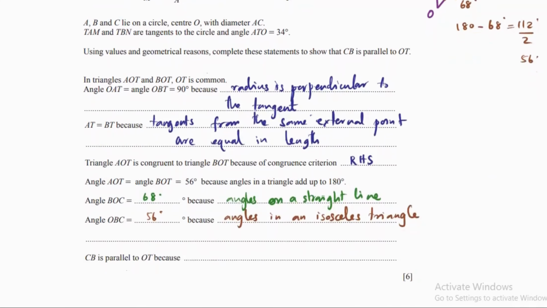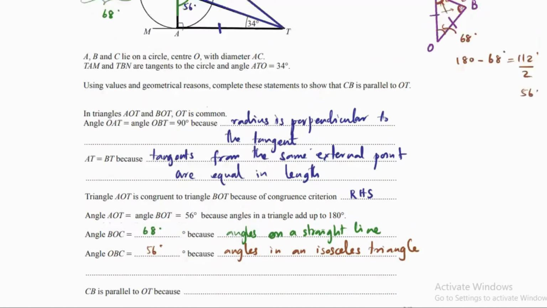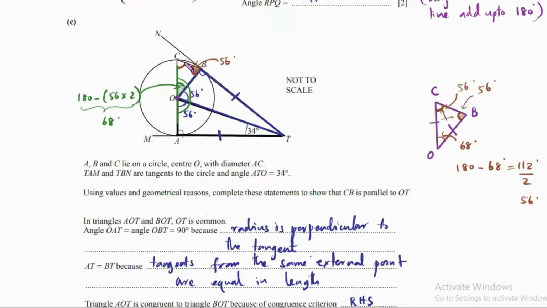Then the next statement that we have is CB is parallel to OT, because now CB is this line, and why is it parallel to OT? That's what they are asking for. So in this question, now we know that this angle is equal to this angle. So we can form this Z shape, which means in parallel lines, alternate angles will be equal. Here, the alternate angles are equal, therefore the lines have to be parallel.